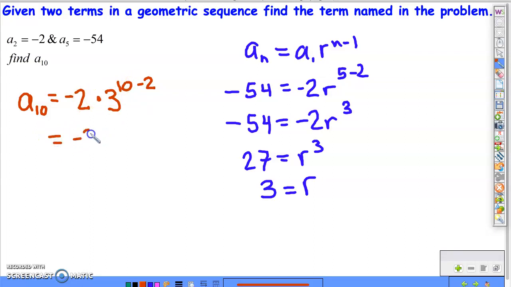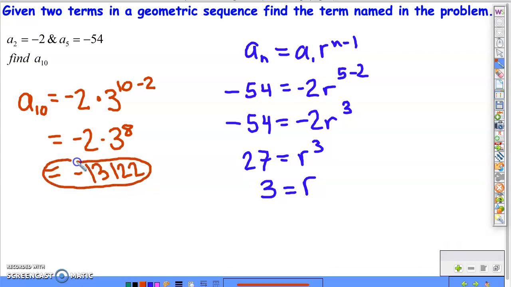So negative 2 times 3 to the 8th. And that's going to get us a large negative number. We end up with negative 13,122. Just like we did with the arithmetic one, only now it's geometric.